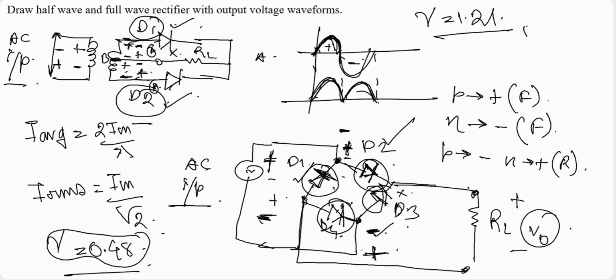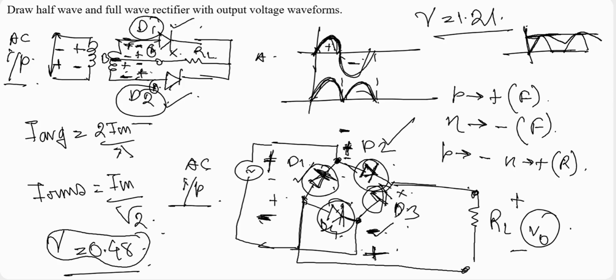Suppose here in this case, for the half wave rectifier, the output voltage was like this. The current that we are supposed to be getting was like this, this straight line. So the ripple can be represented like this.